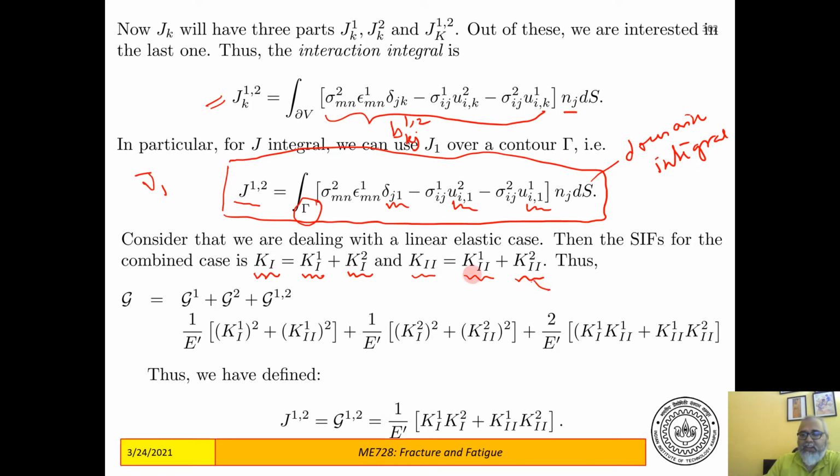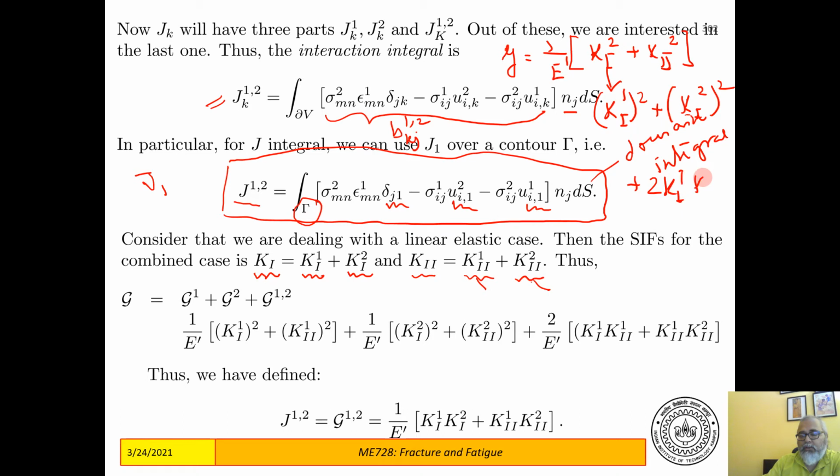This is for the auxiliary case, this is for our load case, and then for the total, we know that G is 1 by E prime times K1 square plus K2 square. In place of K1 we put K1 1 square plus K1 2 square plus 2 K1 1 K1 2, and for K2 we do the same, and if we do it, this is what you will get.